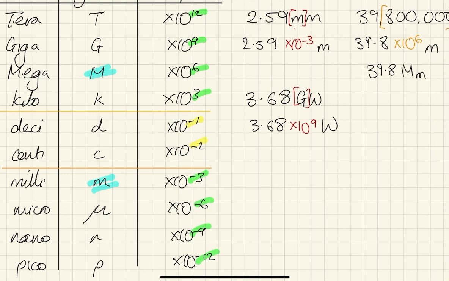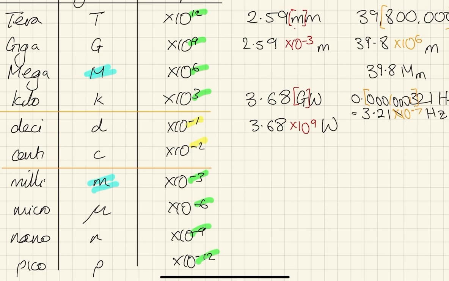Another example, let's use 0.000000321 hertz. Here I've got 3, 6, 7. In order to write this in proper standard form, this actually becomes 3.21 times 10 to the power of minus 7 hertz.